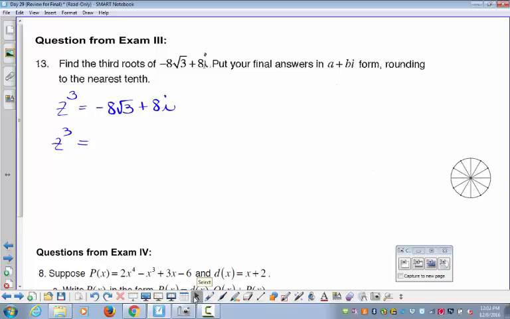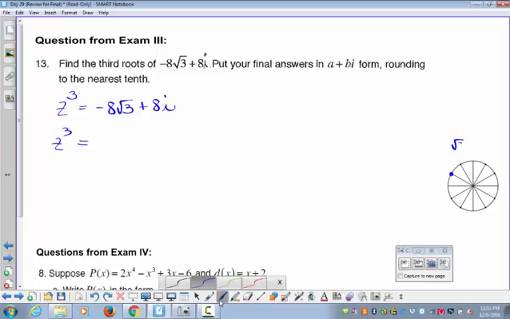The root 3 is in the first position, so x. Let's look at this complex number in quadrant 2 on the complex unit circle. That number is minus root 3 over 2 plus 1/2 i.